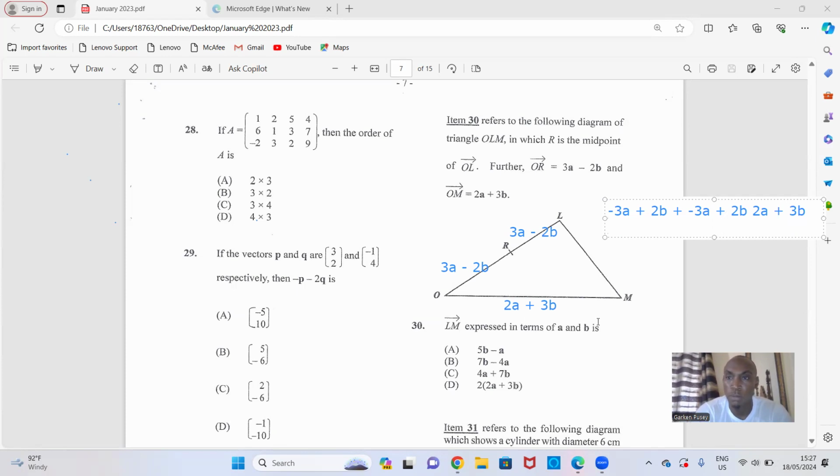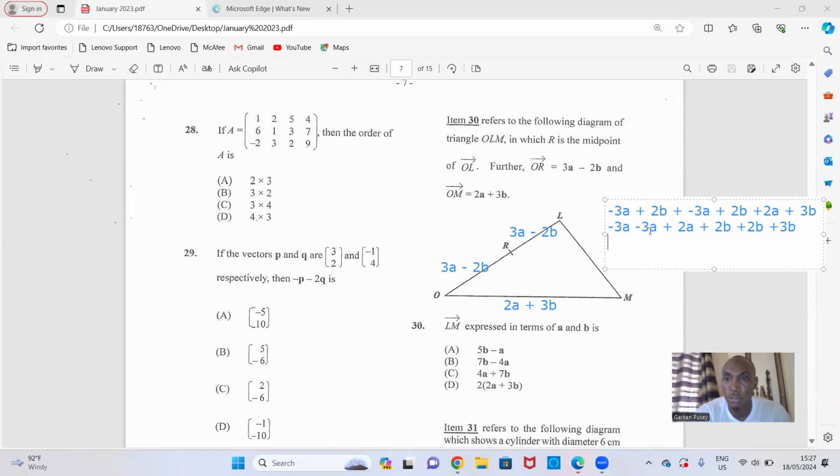And we're going to group the like terms. So negative 3A, then minus 3A, then plus 2A. So we'll group all the A's, then we'll group in the B's now, plus 2B, plus 2B, plus 3B. Let's see what that will give us now.